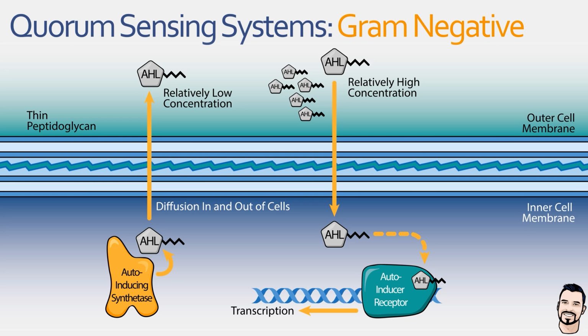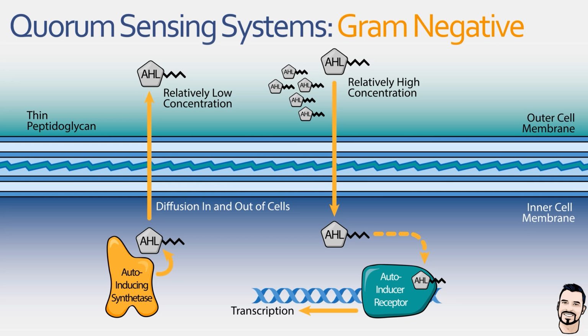Now, as bacterial cell densities increase, the concentration of acyl-homoserine lactones both inside and outside the cell gradually builds up. Once a critical threshold is reached, acyl-homoserine lactone molecules will bind to their corresponding autoinducer receptor, inducing a conformational change that activates the receptor's transcription factor activity.